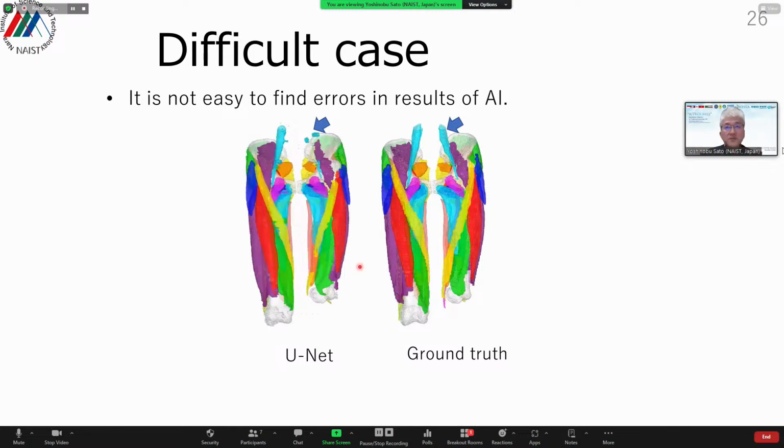But other mistakes may not be very easy to find, even when you compare with ground truth. Moreover, in a real clinical situation, they cannot use ground truth. So in that situation, how can we use AI results in clinical medicine?